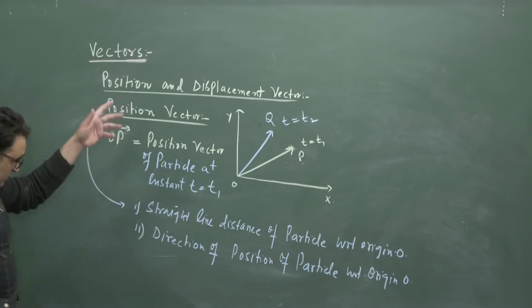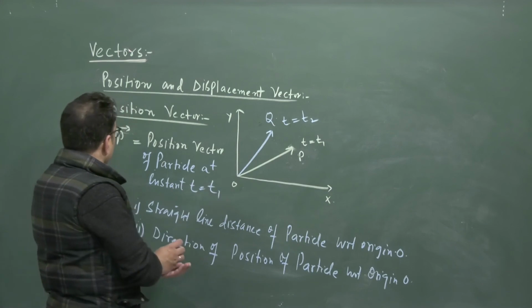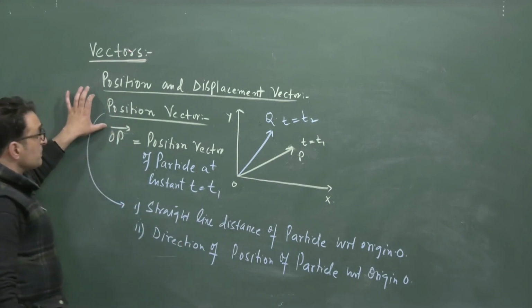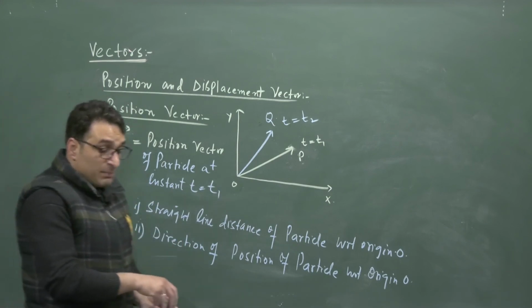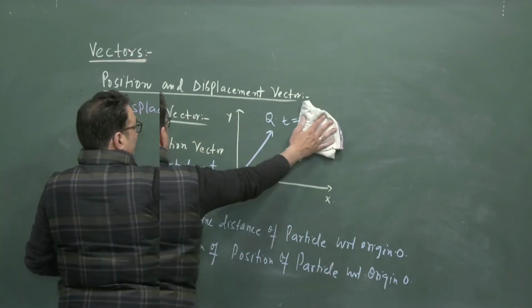Both are different directions. They are making different angles. Now this is all about the position vector. Number second is the displacement vector.